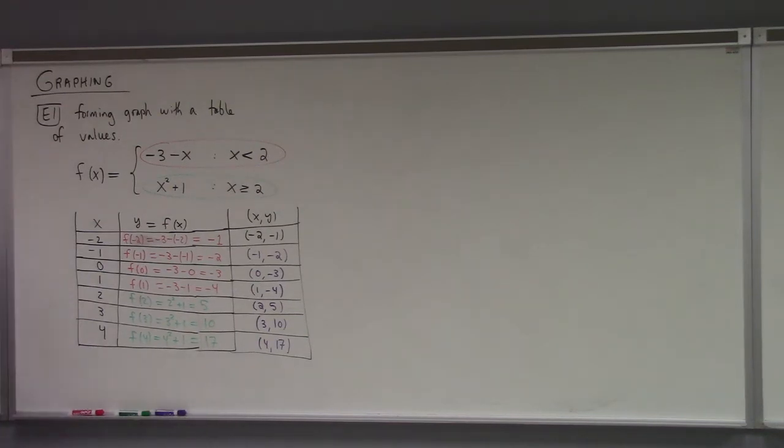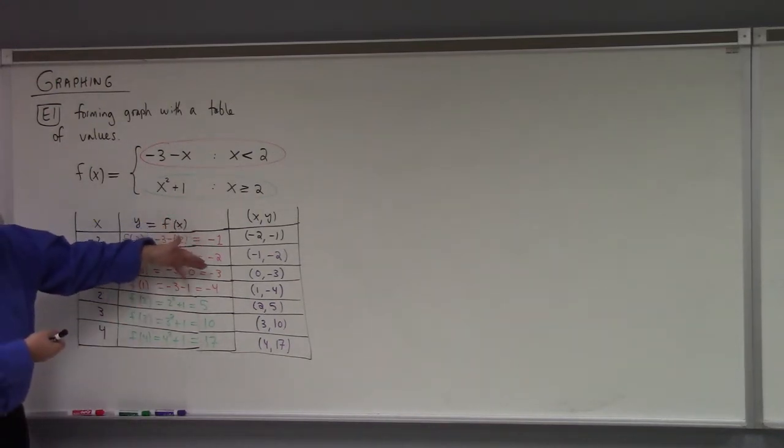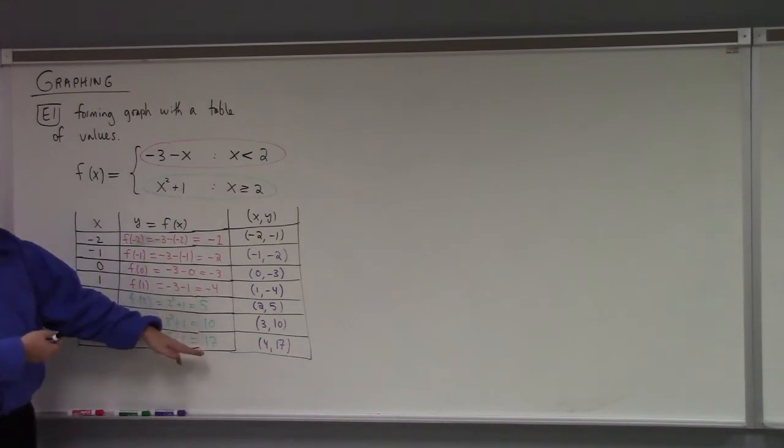So really, once you have the data that you're going to graph, it's important to think about what's a good choice of range for the x values and for the y values, right? So the x values, well, I've made them go from -2 to 4, right? How about the y values? They're ranging from -1 to -2 to -3 to -4 all the way up to 17, right?